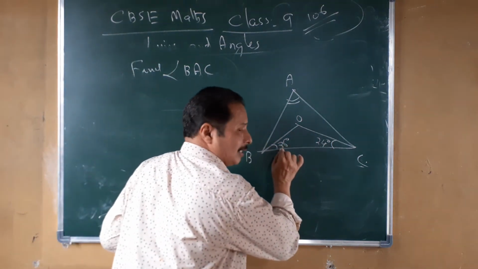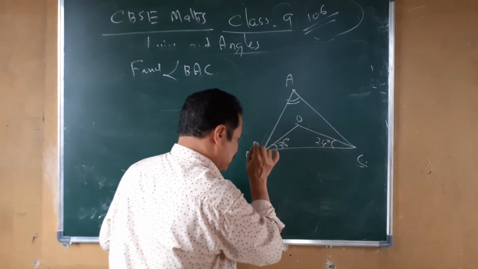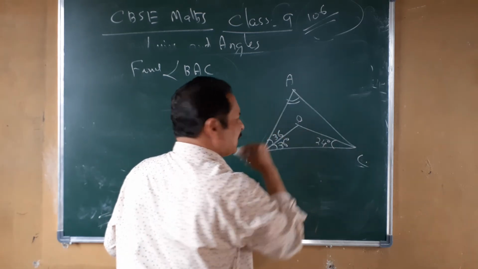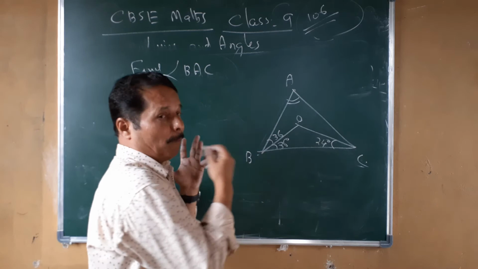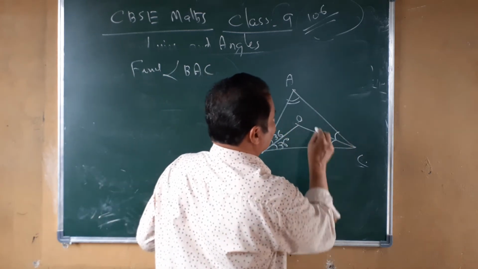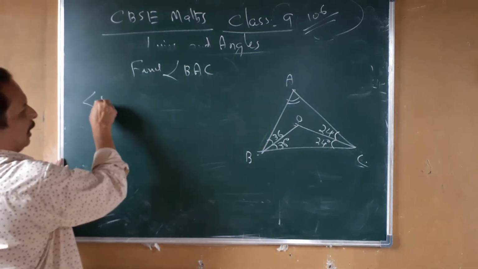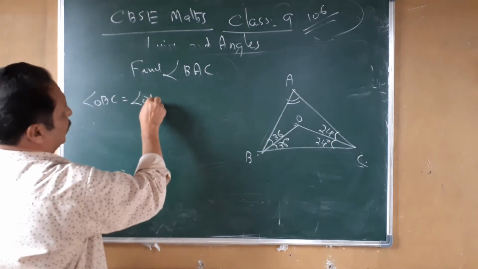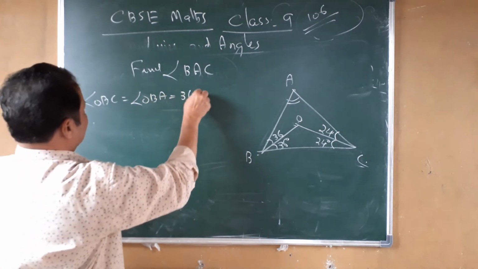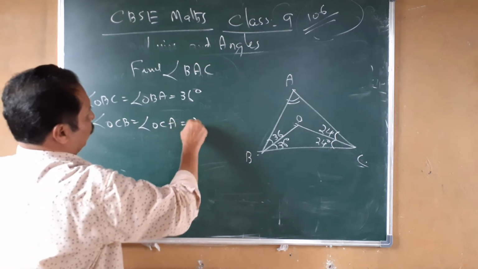So, if angle OBC is 36, OBA is also 36. That is the meaning of bisection. Similarly, if OCB is 24, OCA is also 24. So angle OBC equals angle OBA equals 36, and angle OCB equals angle OCA equals 24.